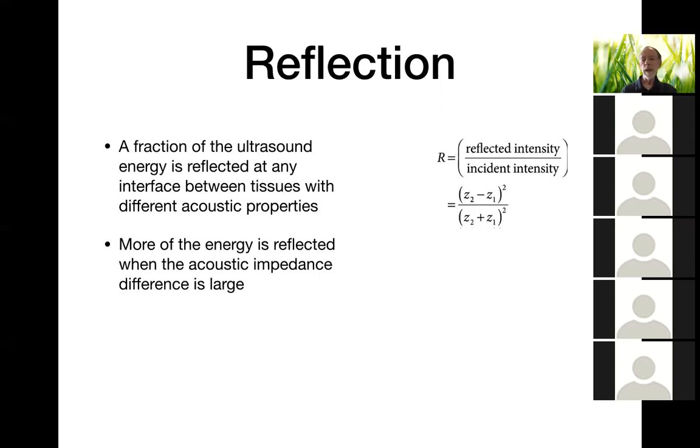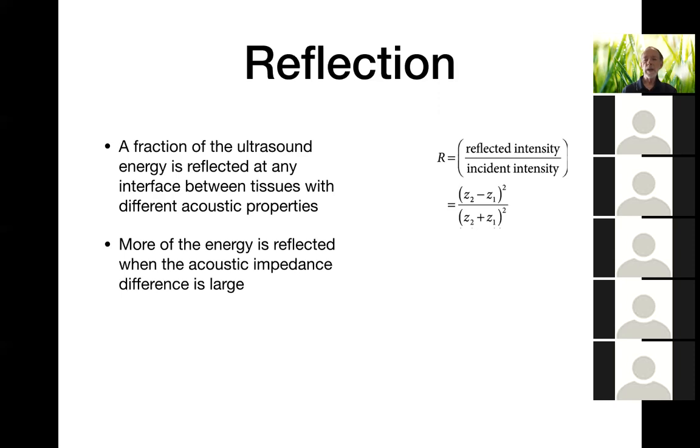In fact, we can calculate the fraction of energy that is reflected using this equation, which tells us that we use a property of the tissues called acoustic impedance. The acoustic impedance is simply propagation speed of ultrasound multiplied by the density, and it will vary from one tissue to another.